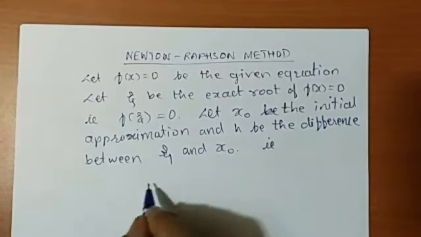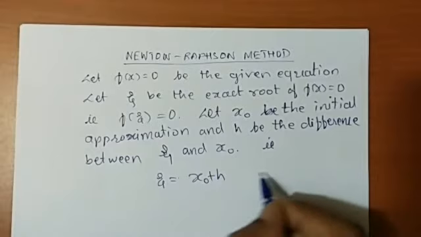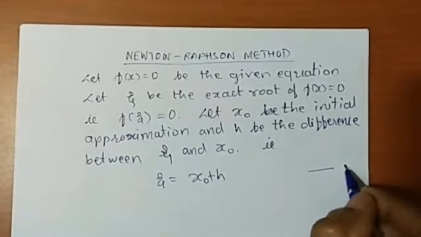That is, xi is equal to x naught plus h. I call this equation 1.